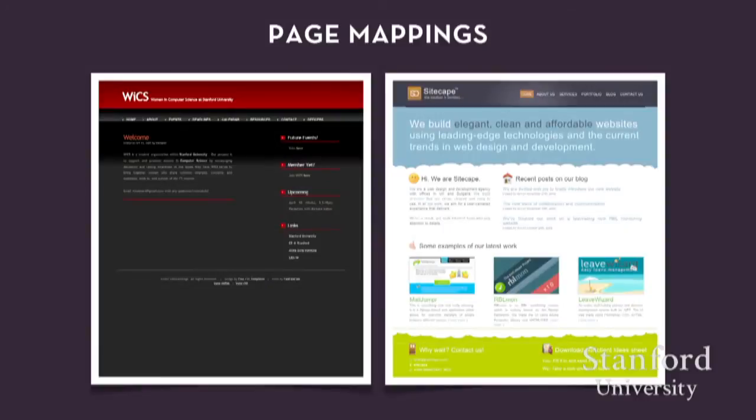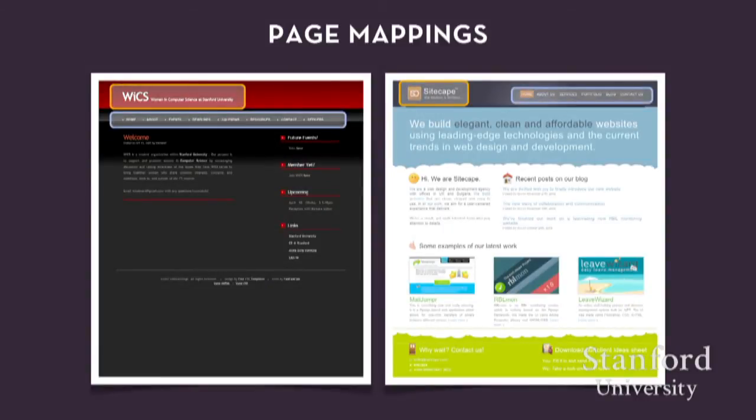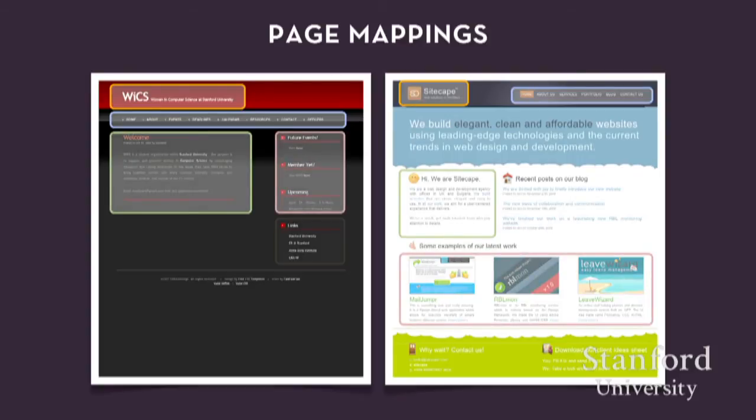And when people transfer content in this way, they are implicitly establishing correspondences between page elements, in effect inducing a mapping between pages. So if we could algorithmically reproduce these mappings, we could use them to automatically guide the transfer of content and style.